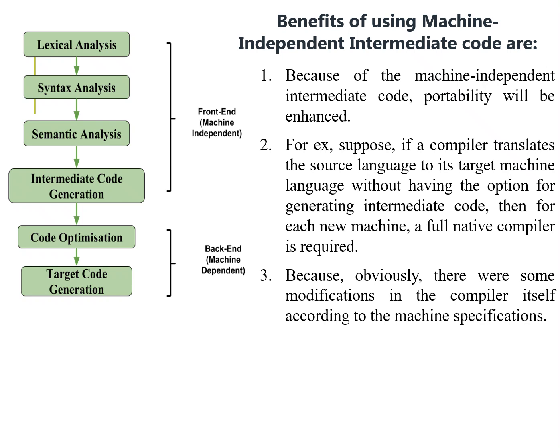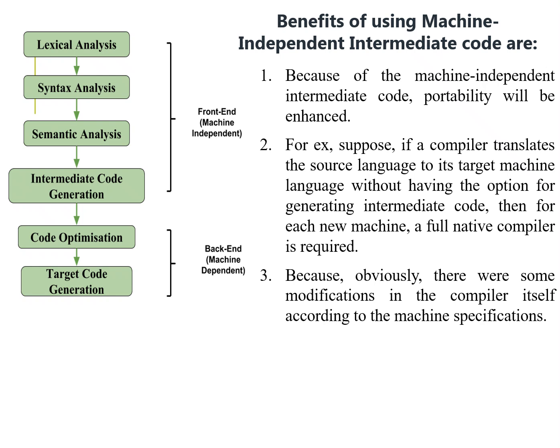For example, suppose a compiler translates the source language to its target machine language without having an intermediate code, then for every new machine we need to develop a new compiler. Say for example, I have written a code in Java. This is just a wild example to make you understand. Suppose I have written a code in Java which is going to generate a target code.